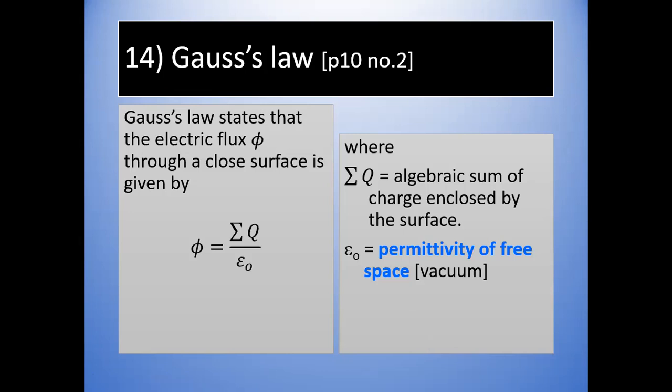Okay, memory work, nothing much. Understand the term, what does it mean? Next part we are going to use Gauss's law. The electric flux through a closed surface is given by the algebraic sum divided by the permittivity. Why divide by it? It's just memory work. You have to learn to define the term.